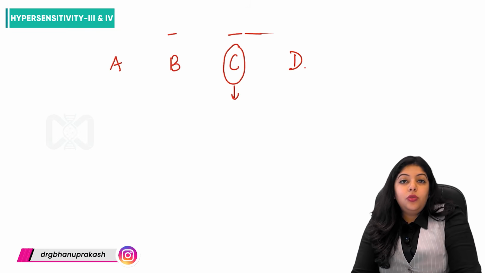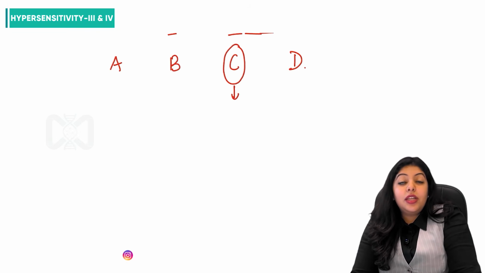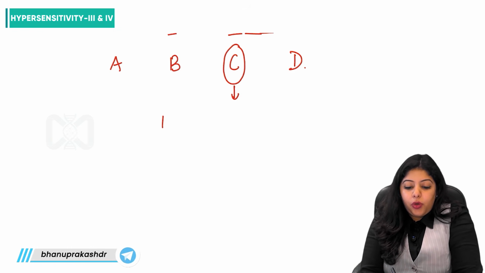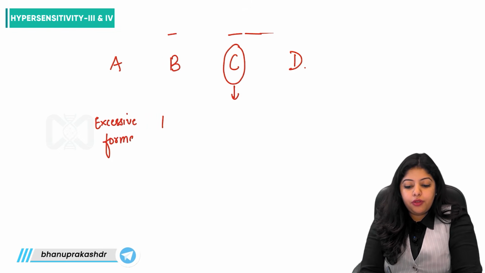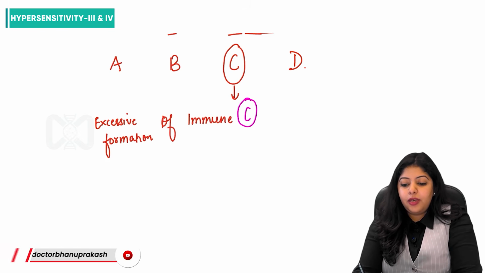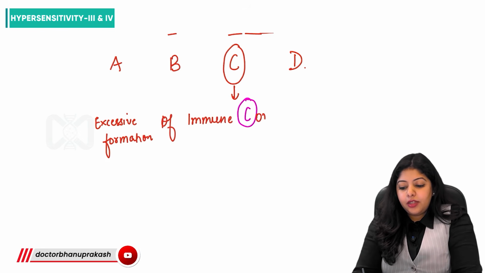There are two things that are going to happen in this particular type of reaction. One is immune complex, or excessive formation of immune complexes, C for complexes.